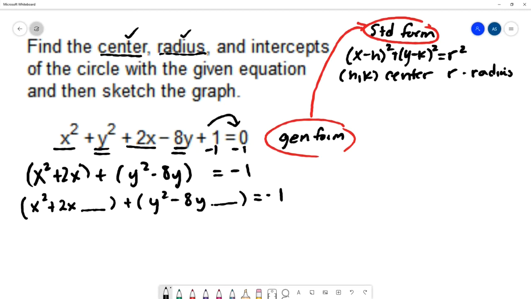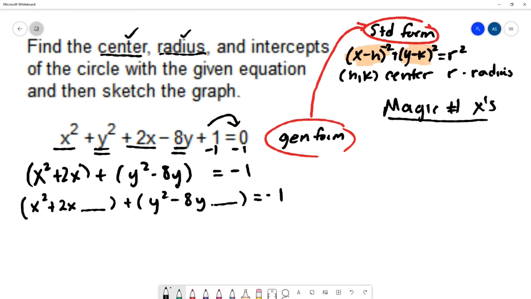They're going to make it so we get these perfect squares that you see over here. So we want to choose the right number. I typically call this number the magic number. We're going to find the magic number for the x's.